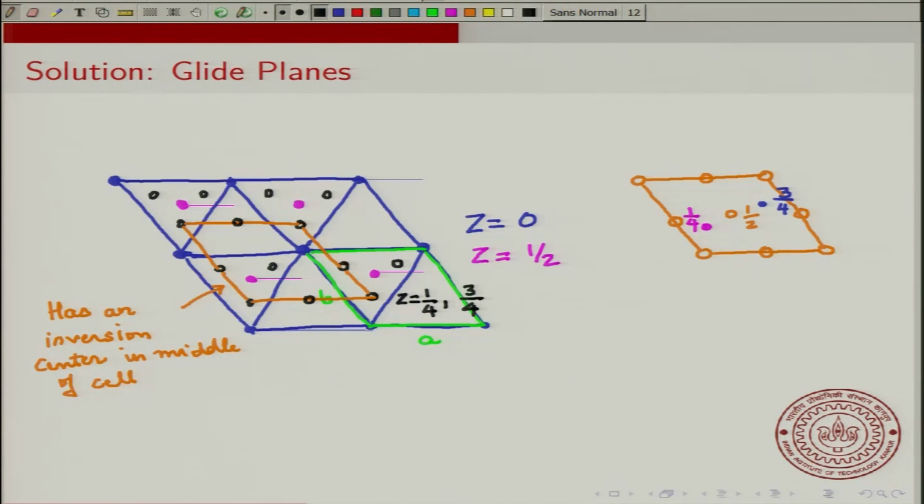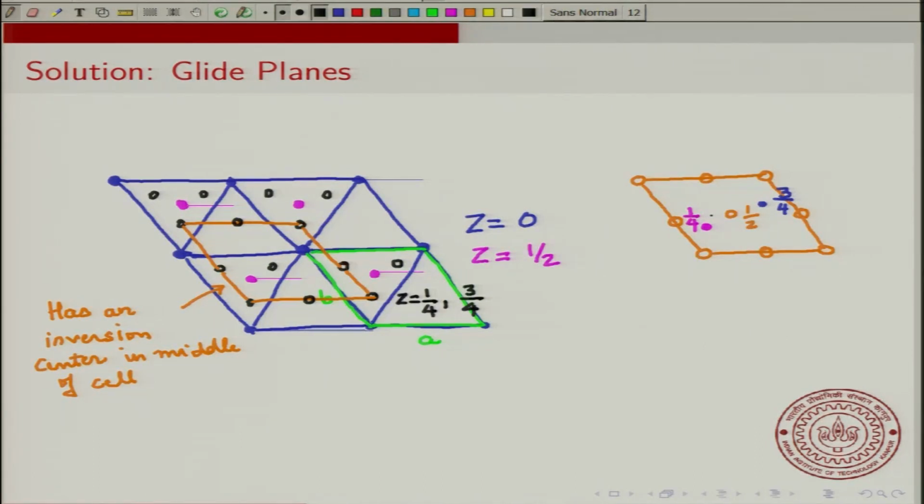So, these are the inversion centers in this unit cell, and you can easily see that the point at the center is a point of inversion, because if you invert about this lattice point, this purple lattice point will go to the blue lattice point and vice versa.